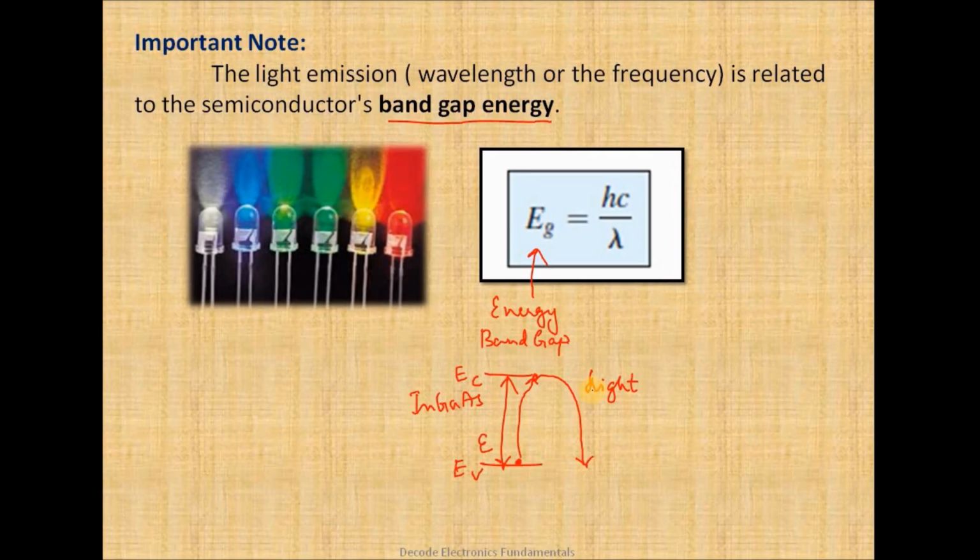Now the color of this particular photon will depend on the energy band gap, which is mentioned like this, Eg. So the Eg determines the frequency or the wavelength of the light that is being released.